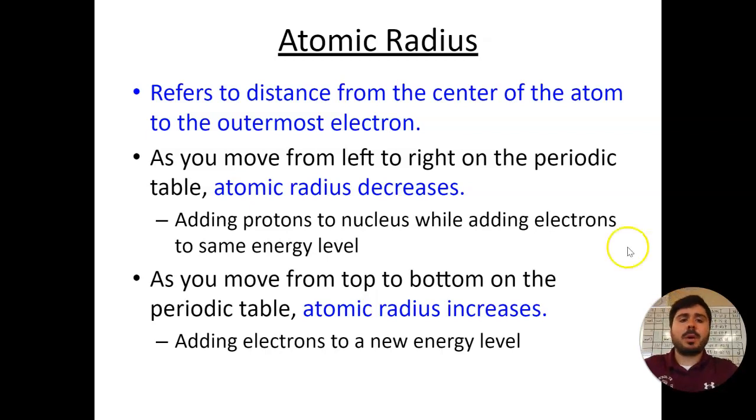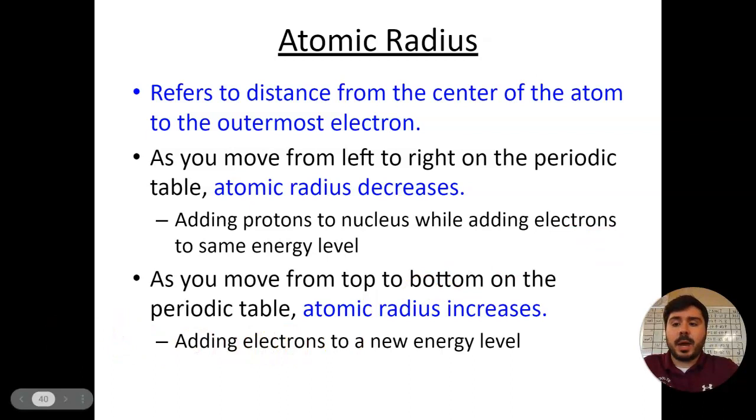The biggest thing I want you to understand about atomic radius comes from the actual trend itself. It's one thing to know that atomic radius refers to the distance from the center of the atom to the outermost electron, and in a second I'll show you a picture of that.